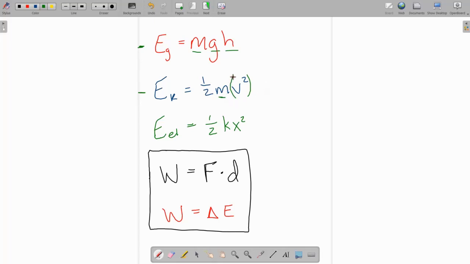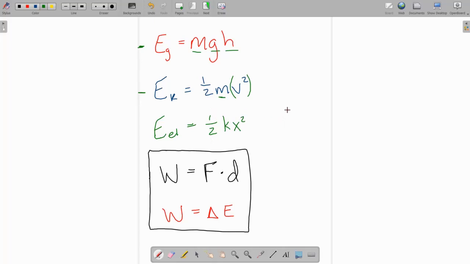If the parentheses was around mass and velocity, and then it was squared on the outside, then we would be squaring both. But when it's just written with no parentheses, it's only squaring the variable that it's connected to, which is the velocity. And then our elastic energy is a very similar equation, 1/2 kx squared, which I believe we've seen before.